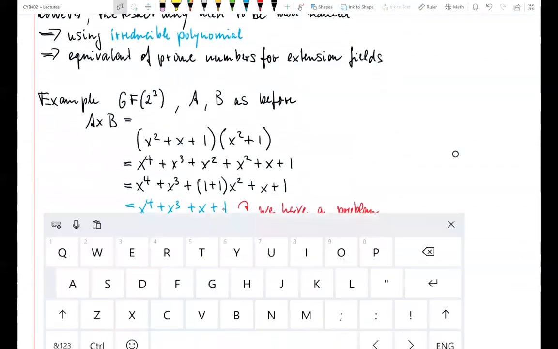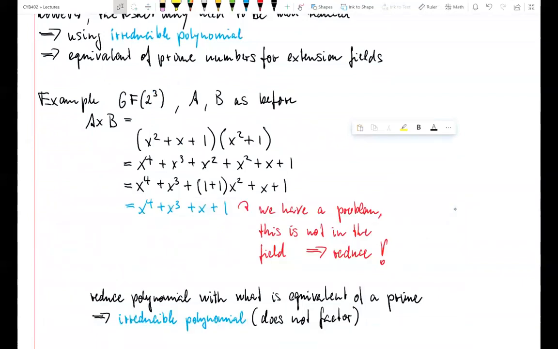So let's look at the same example. We have a of x and b of x, and we multiply these two polynomials, and wherever we hit a coefficient that is bigger than 1, that's going to be modulo 2 reduced. So finally we get the result, okay?